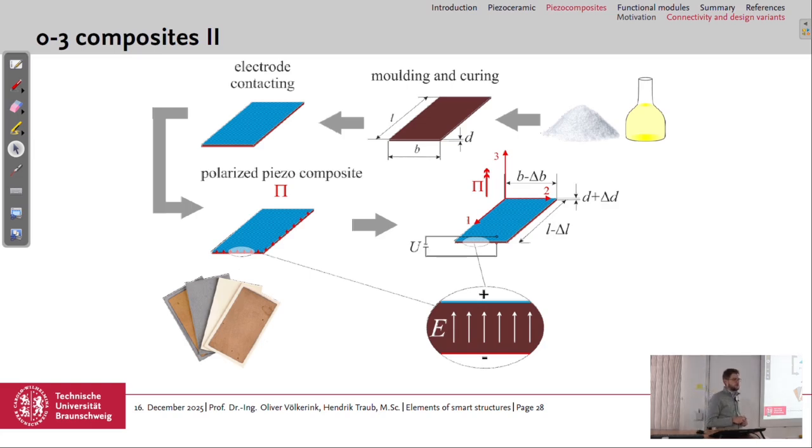Is it the D33 or D31 effect? 3-1, yes, because the field is in 3 direction and we use the 1 direction for the actuation. And we have electrodes at the top and at the bottom of the composite, so the field is in 3 direction.